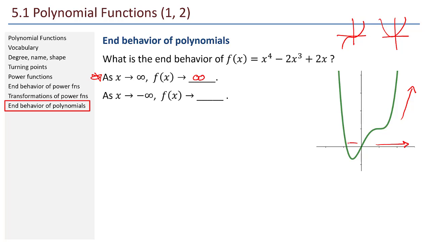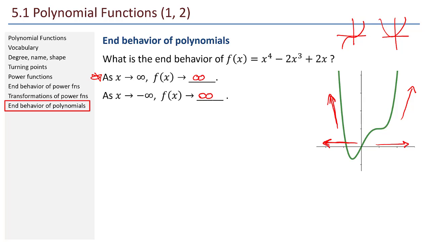So now I'm thinking in this direction. X gets lower and lower and lower to negative values. Well, those y values, what does the function do? It's going up and up and up. So as my x goes down to negative infinity, my function values are increasing. So as x goes to negative infinity, f of x goes to positive infinity.